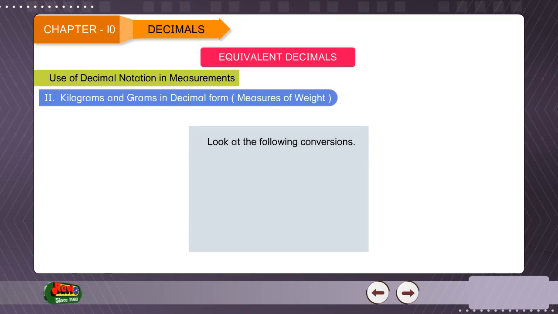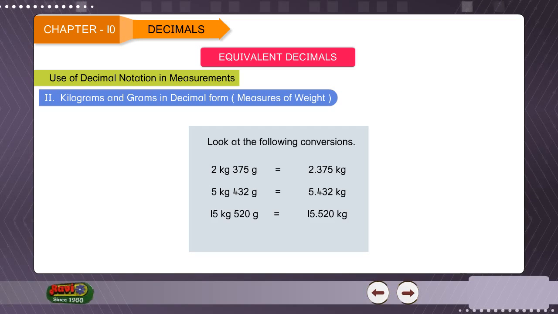Look at the following conversions. 2 kilograms 375 grams is equal to 2.375 kilograms. 5 kilograms 432 grams is equal to 5.432 kilograms. 15 kilograms 520 grams is equal to 15.520 kilograms. 87 kilograms 309 grams is equal to 87.309 kilograms.